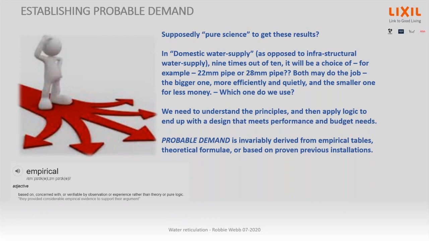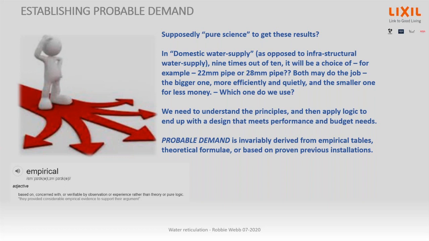What we really wanted to get to was that when we do pipe sizing for an actual project, like a school or a stadium or a house, there might be, for example, 300 toilets in a hotel. They are never all going to be used at the same time. So how on earth do we know how many will be used, and when that many are used, how big the pipe must be? That's called probable demand.